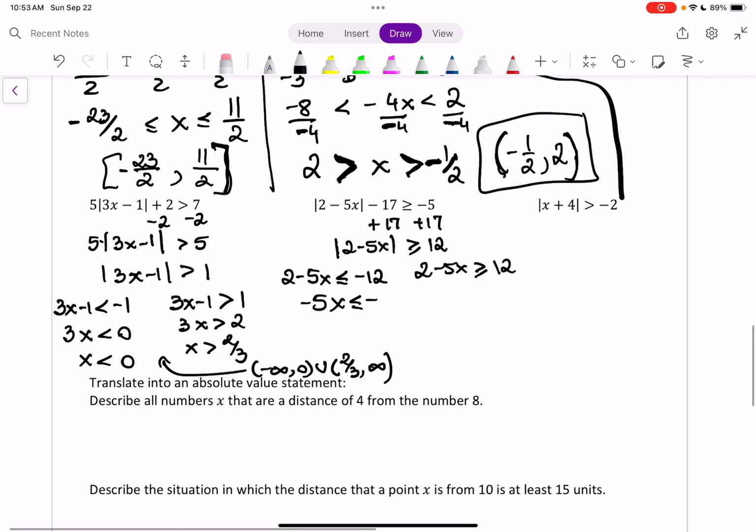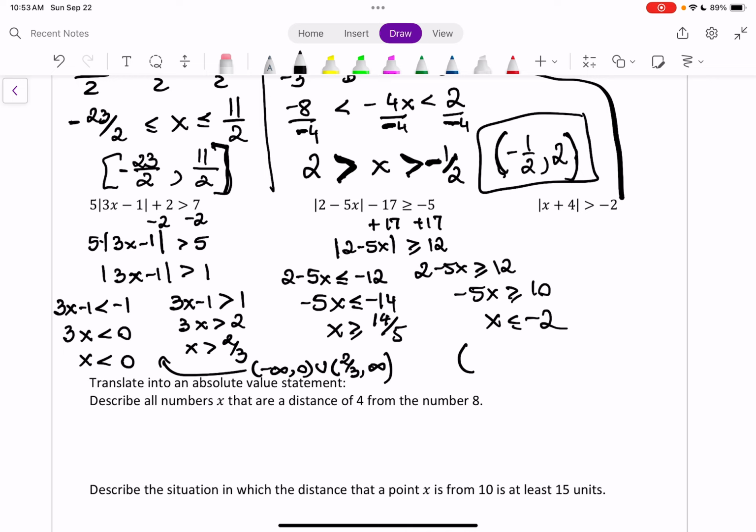So you switch the sign and the way the inequality symbol points. So I'm going to minus the 2, divide by negative 5, and because I'm dividing by a negative 5, I'm switching the inequality symbol. Minus the 2, divide by negative 5, so here you have it.